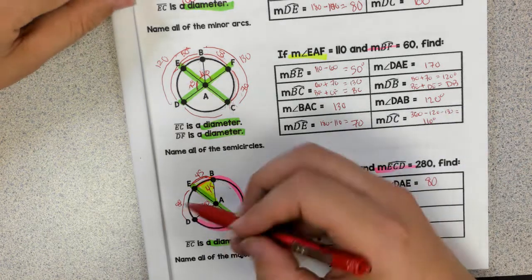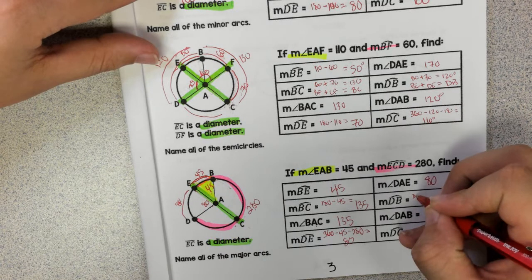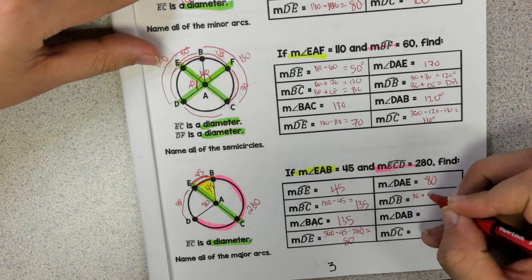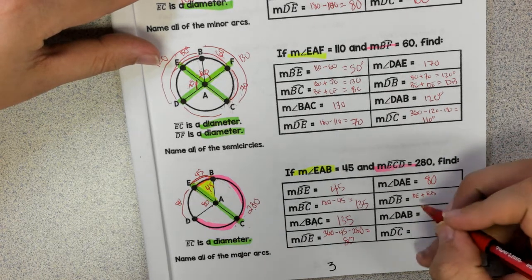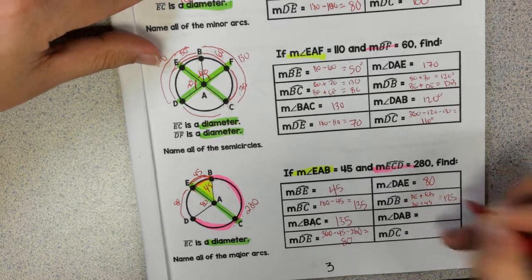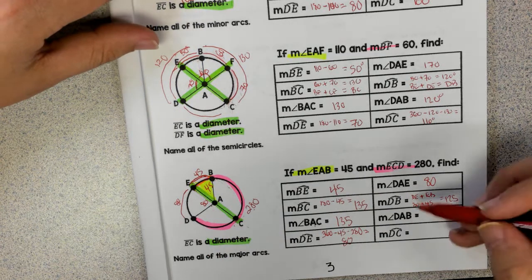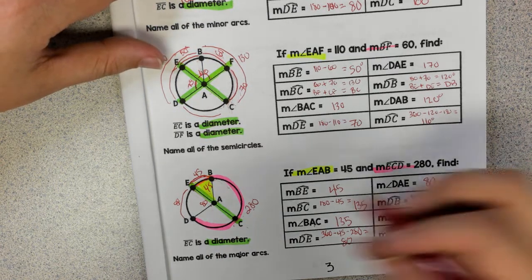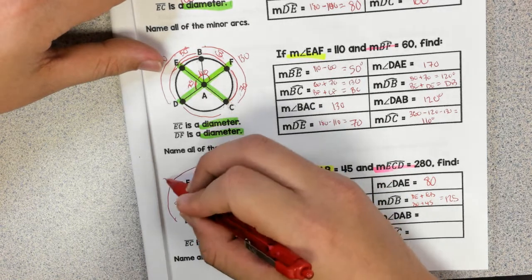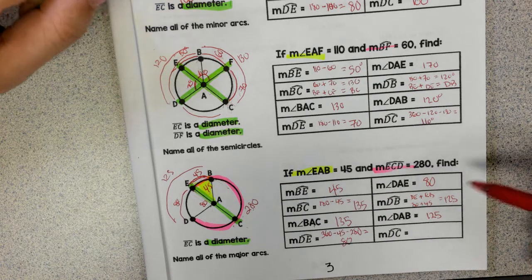The measure of DB, which is these two angles here, we have the measure of DE plus the measure of EB, which is 80 plus 45, which gives us 125 degrees as our measure, which means that angle DAB is going to be the same as the arc of DB, which means that our angle is going to be 125 degrees.